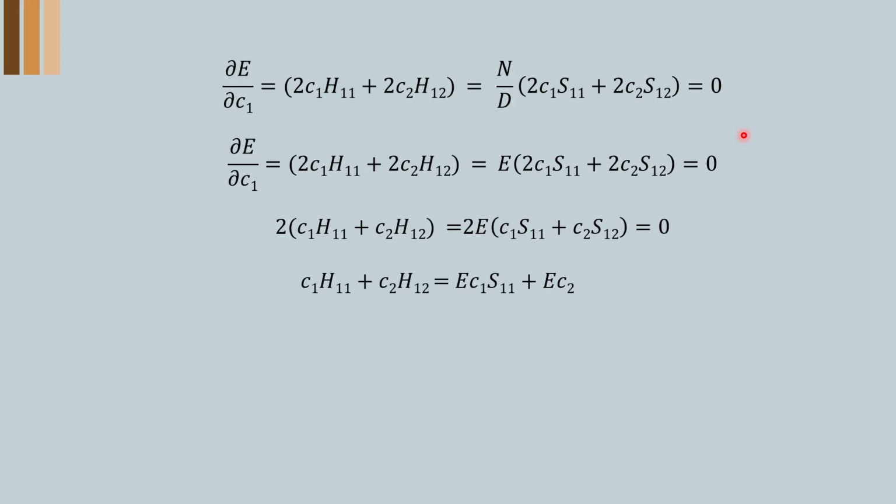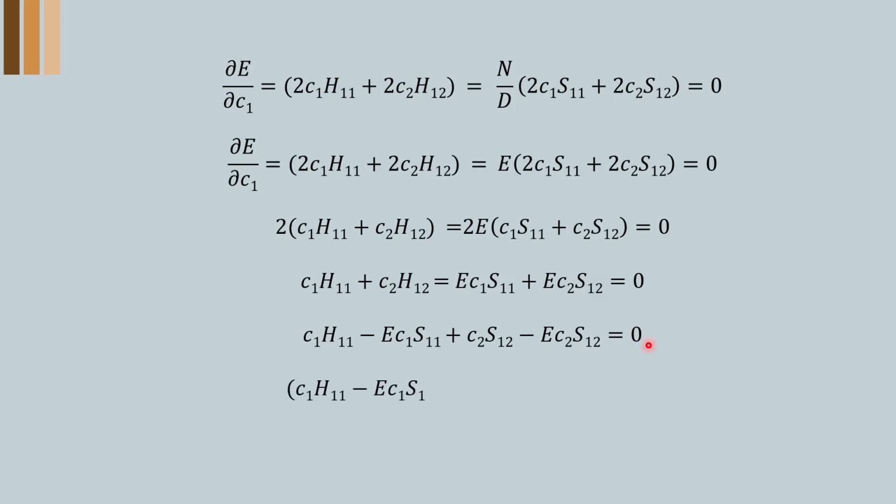So what we have is something like this, and then you can rearrange the components of coefficients C1 and C2 respectively together, so that you have an equation like C1H11 minus EC1S11 plus C2H12 minus EC2S12 is equal to 0.